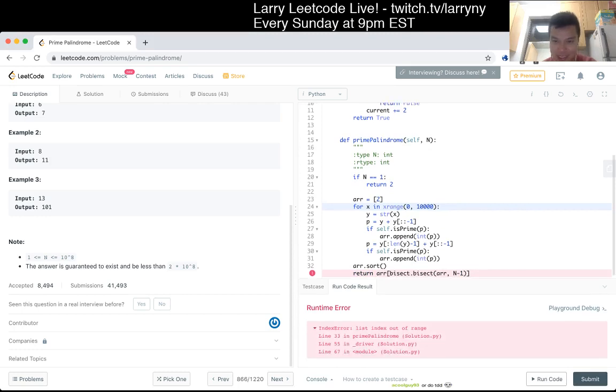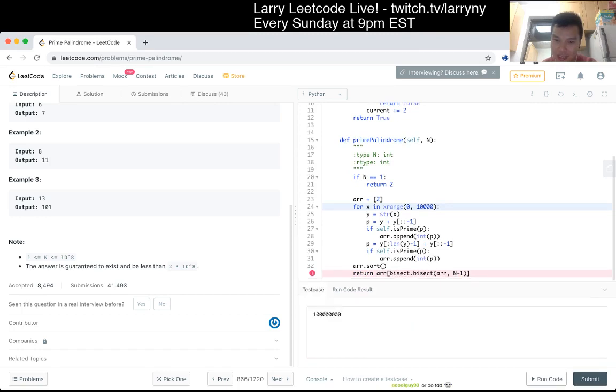What am I doing this one? Should be right. Am I missing numbers? That should be enough zeros, right?